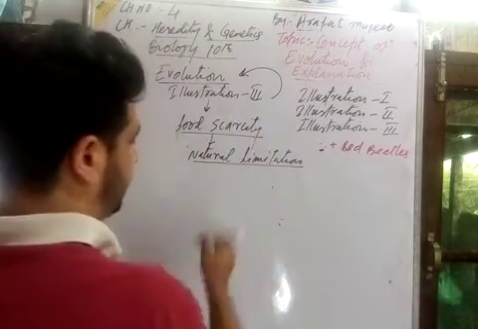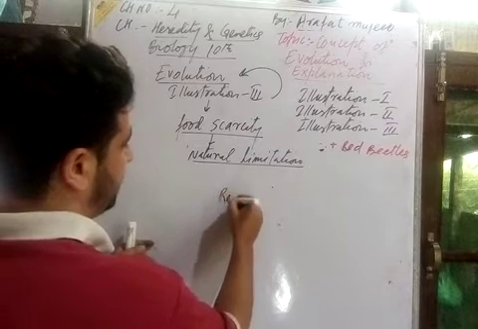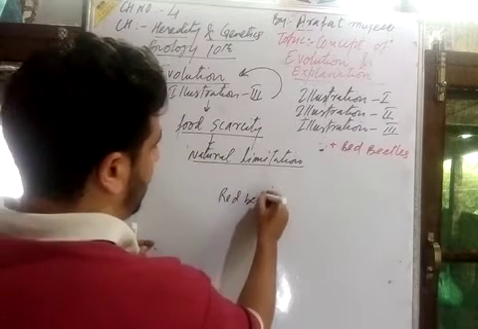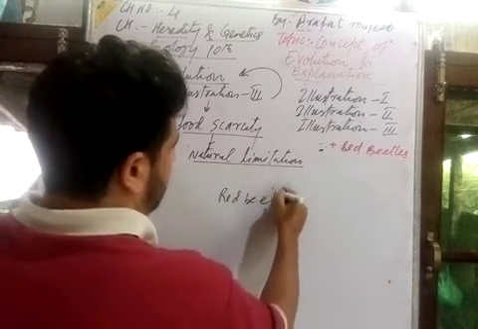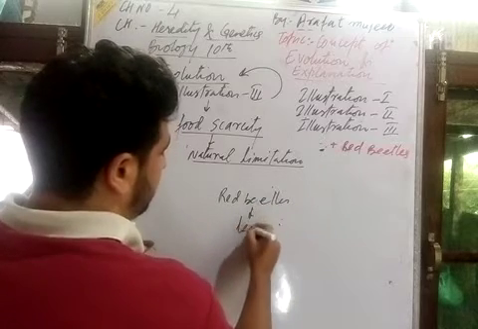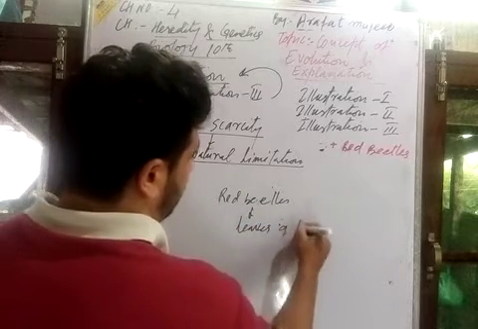the food scarcity. क्या हो गया, जो रेड बीटल्स है, they feed on the leaves of the plant.